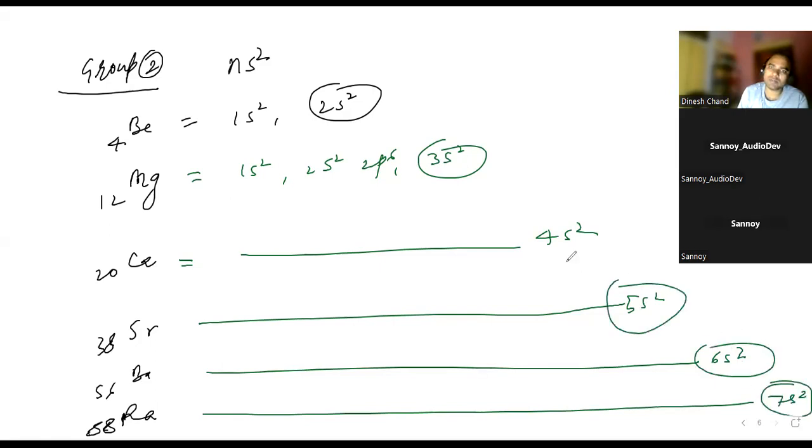So the last electron successively fills the s orbital, which belongs to the s block, and here it is group number 2, because the s orbital is having 2 electrons.